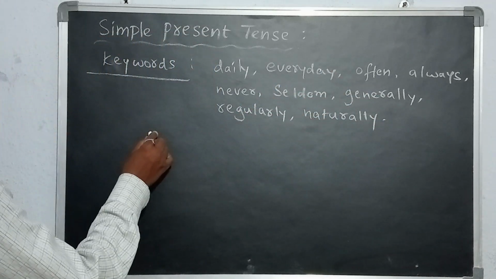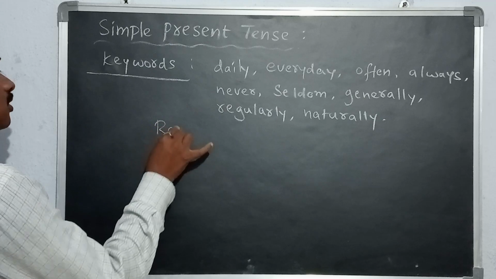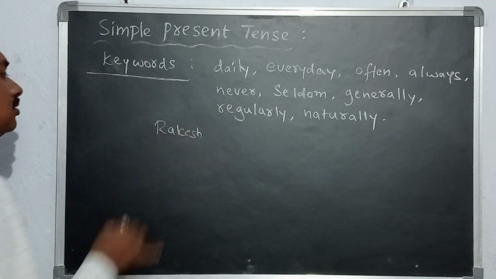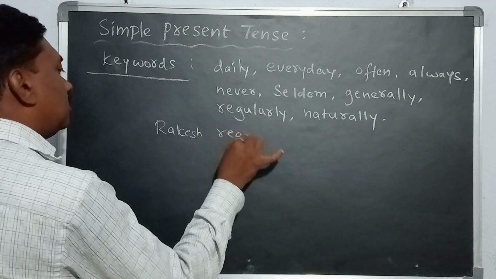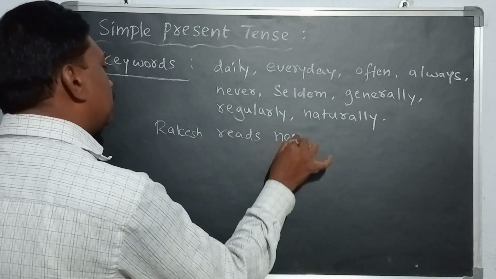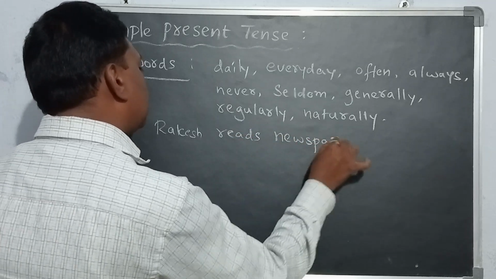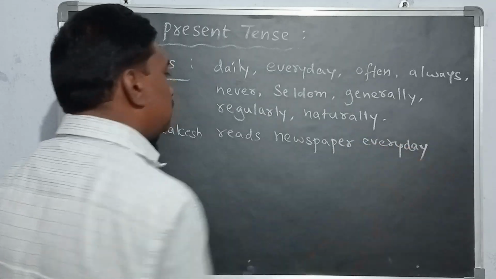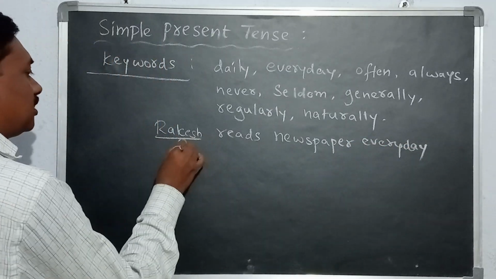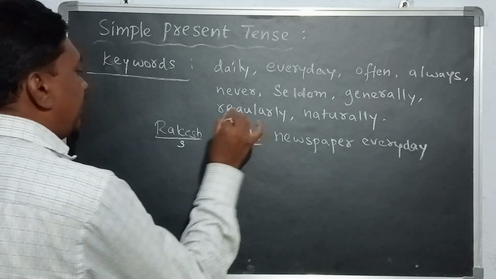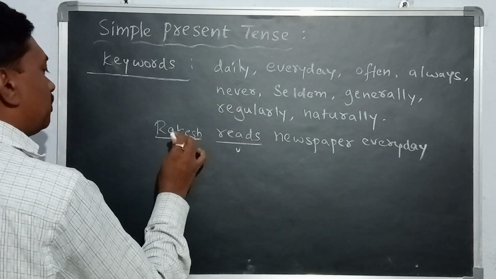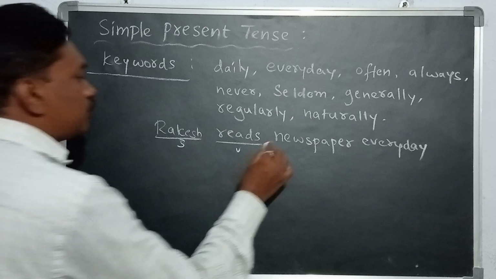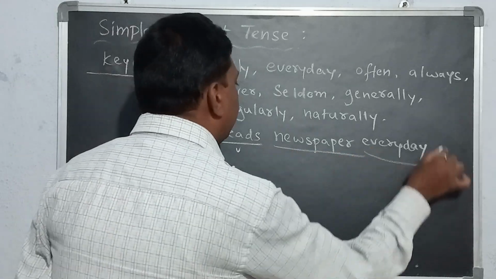For example, Rakesh reads newspaper every day. Okay, so sentence structure: subject Rakesh, verb read, third person singular, so the verb is added with s, newspaper every day.